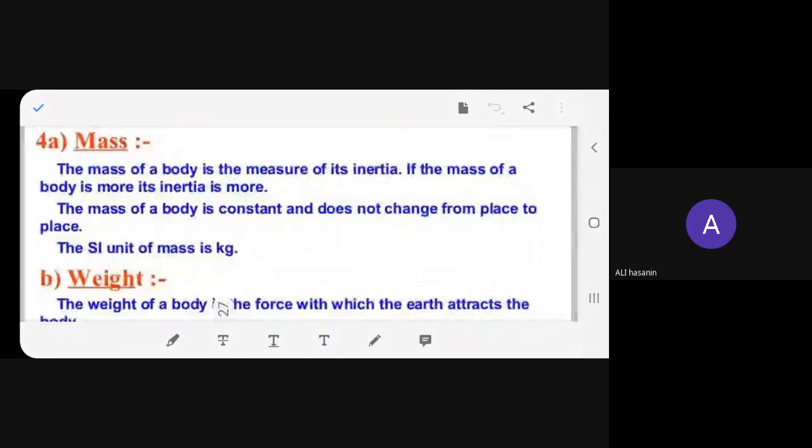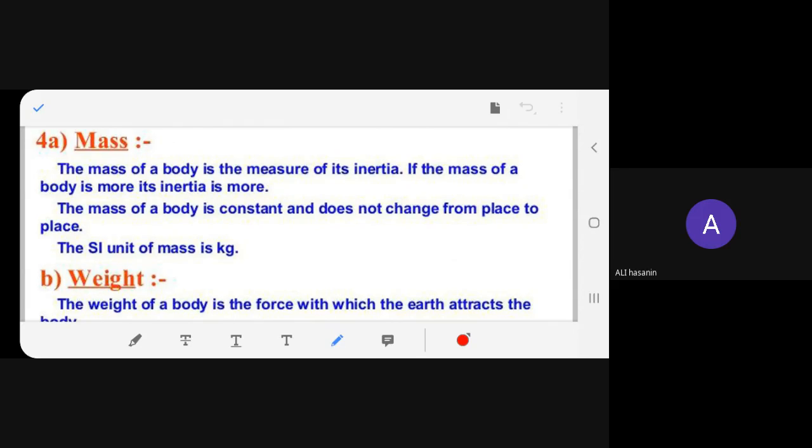The mass of a body is the measure of its inertia. If the mass of a body is more, its inertia is more. The mass of a body is constant and does not change from place to place. The SI unit of mass is kilogram. Just now what I had said, the mass of a body is constant.